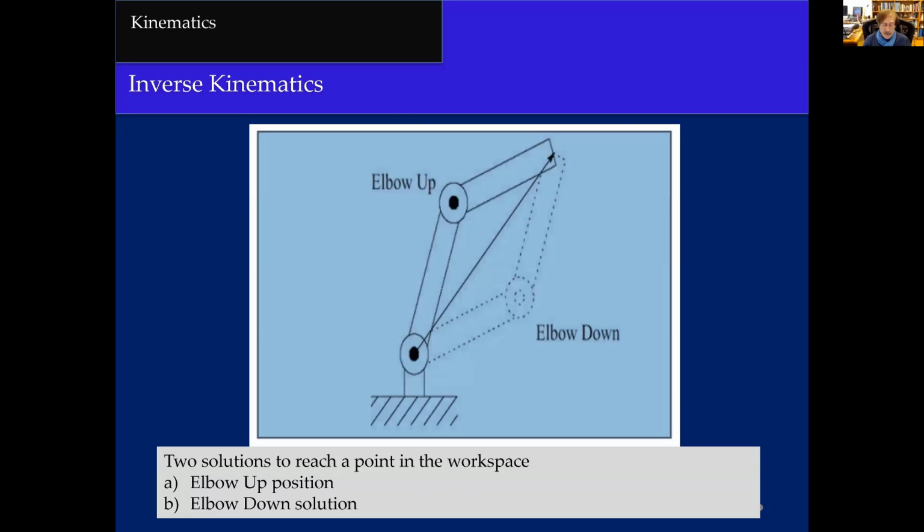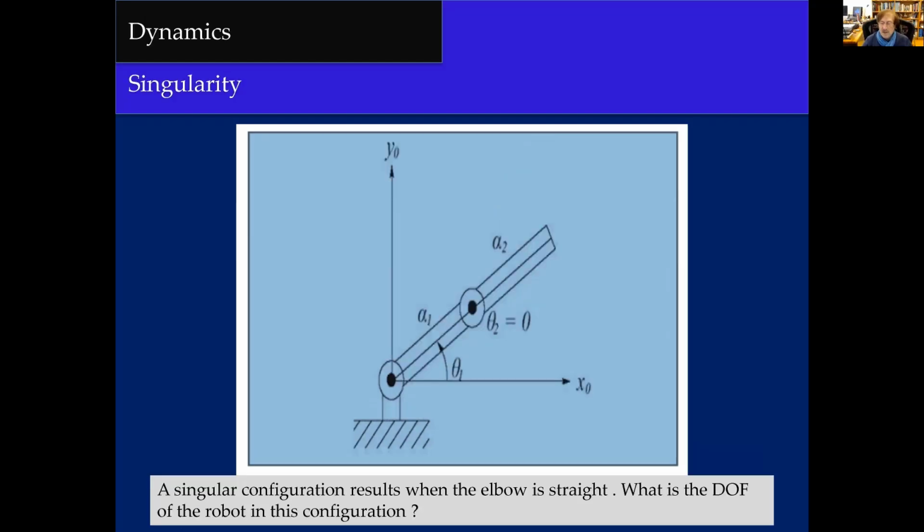And now, in the inverse kinematics, sometimes we end up with more than one solution. Like this shows, if I am saying, I am at this position, what are the theta 1 and theta 2 values? As this diagram shows, there may be more than one solution. And there may even be singular cases.